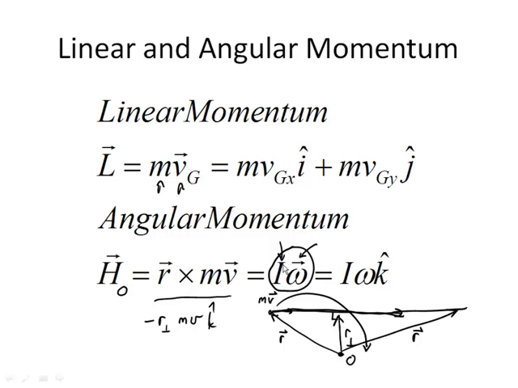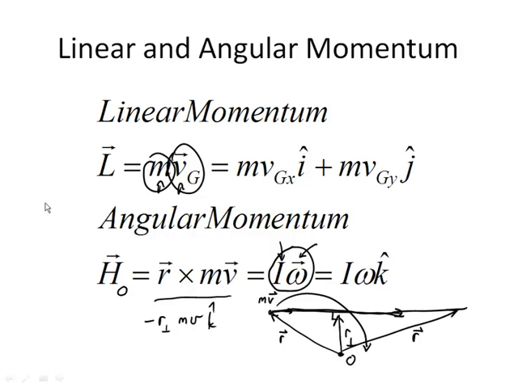So angular mass times angular velocity is equal to angular momentum, just as linear mass times linear velocity was equal to linear momentum. All of those concepts that we have discussed in the past have an angular counterpart, and angular momentum is no exception to that rule.